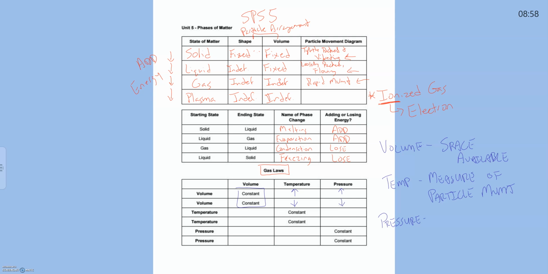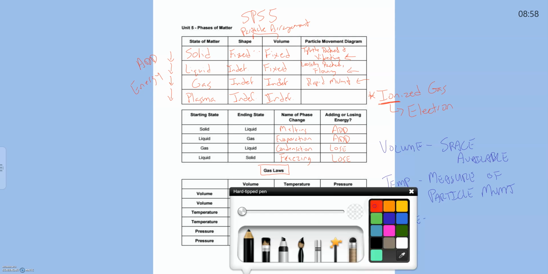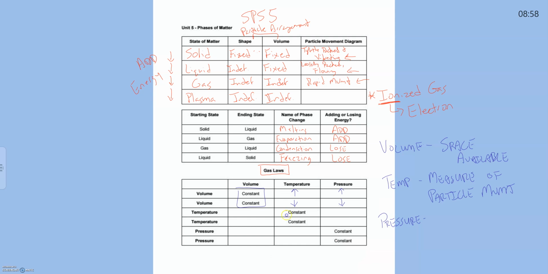Next one that we're going to look at is if we keep the temperature constant. Temperature is a measure of particle movement, so everything has to move at the same rate. If we increase the volume and you've got particles sprinting around, say, the gym, you've got plenty of space to run, so the pressure is not going to be nearly as high because it's going to take so much more for you to run into other people or things.